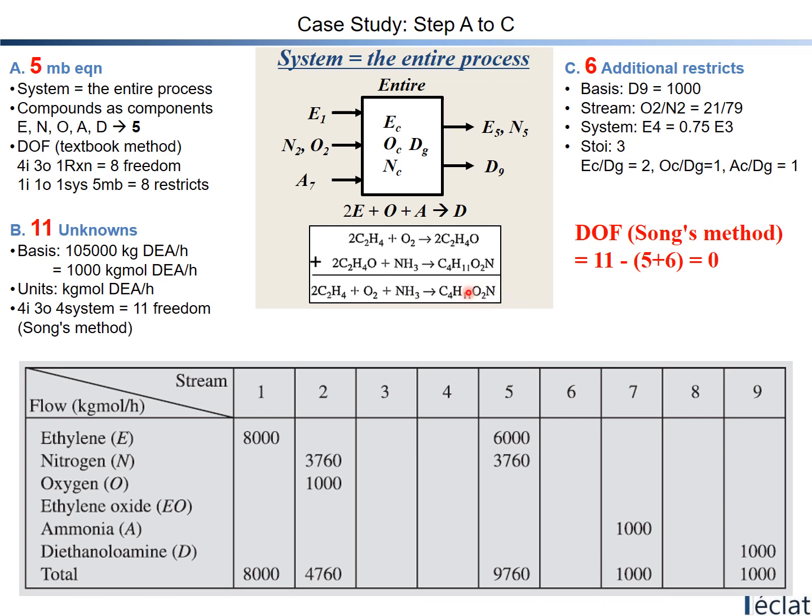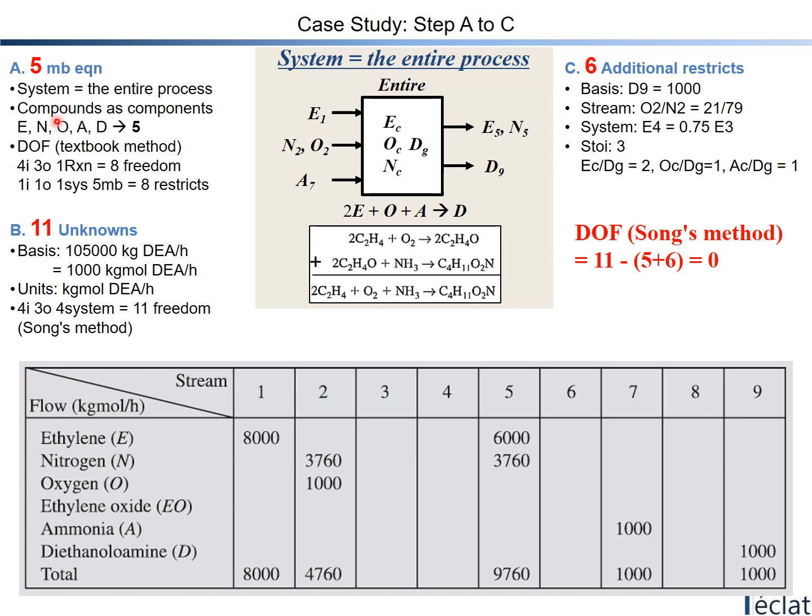Let me do the process calculation with step A, B, and C. In step A, we'll count the number of material balance equations. System, the entire process. And I'd like to take the components for material balance equation as the compounds.